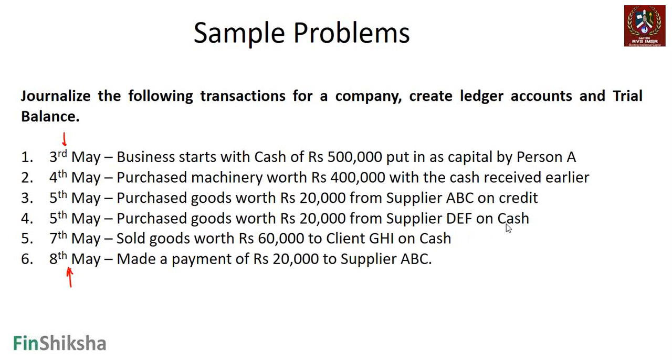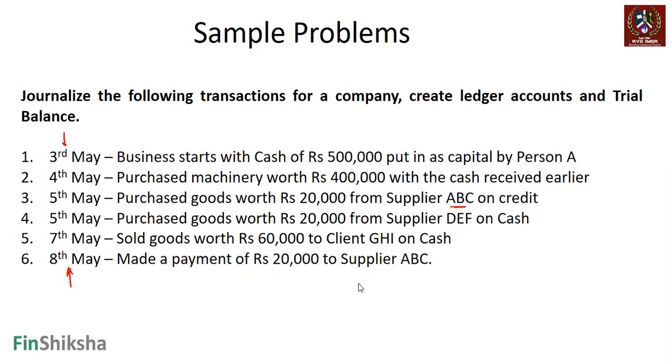So half of the supplies were purchased on credit, half of them on cash. A couple of days later, on the 7th of May, sold goods worth 60,000 to client GHI on cash, and then made a payment of 20,000 to supplier ABC, the supplier who had given the goods earlier, right?